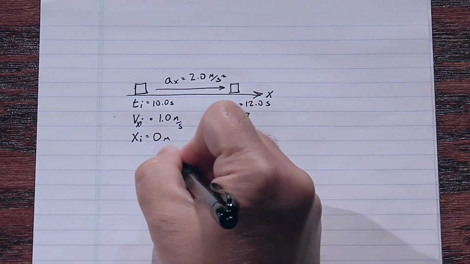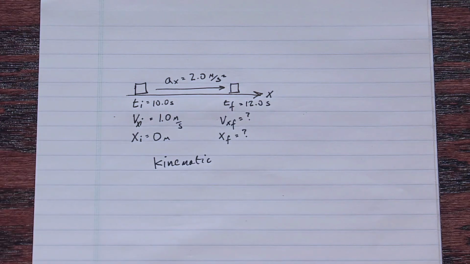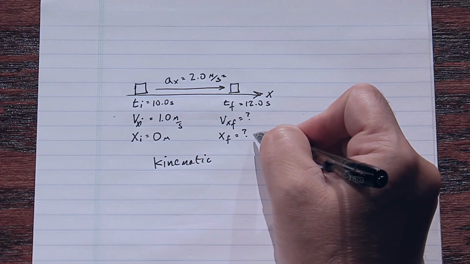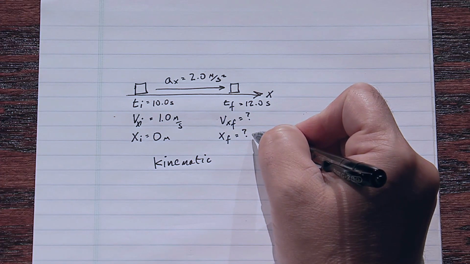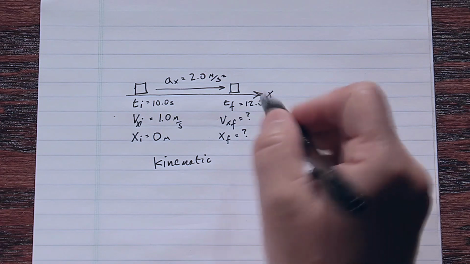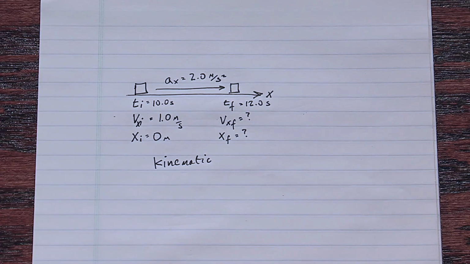And we have to choose the equation based on what we don't know and what we don't need to know. Well, we don't know Vx final, and we don't know x final. What we're asked for is Vx final, so we need to know Vx final. We don't need to know x final.